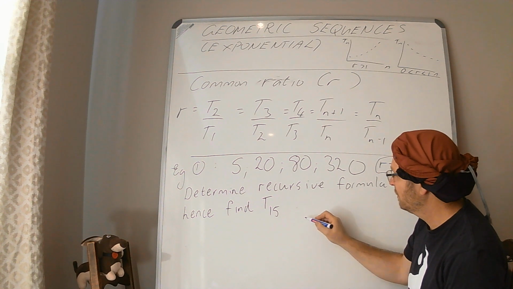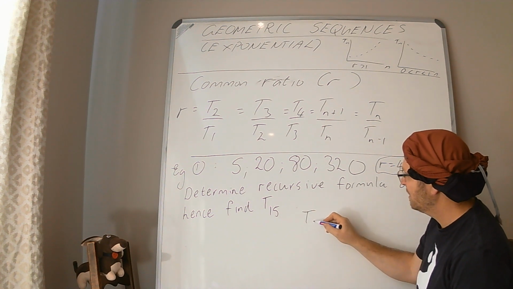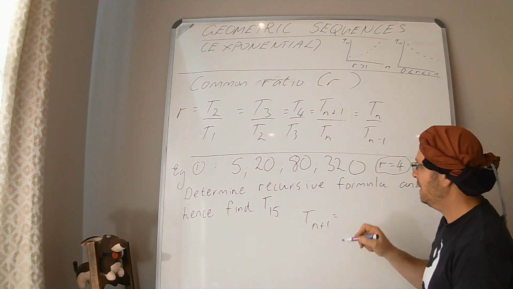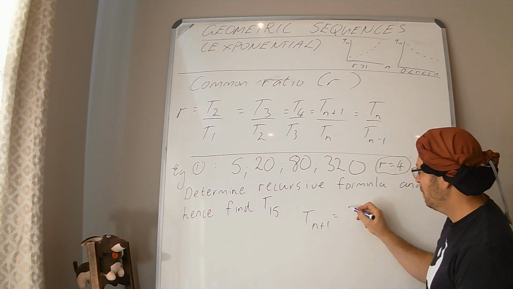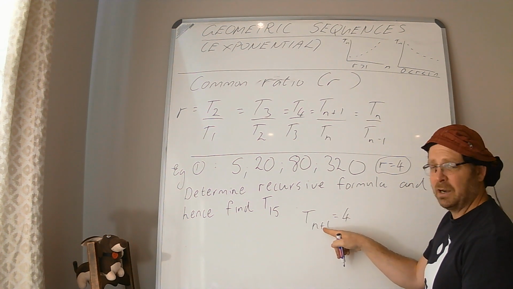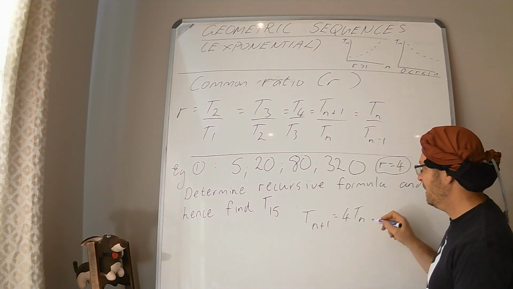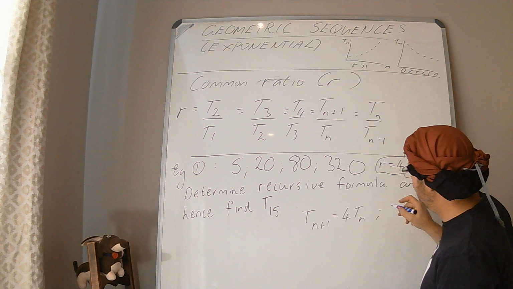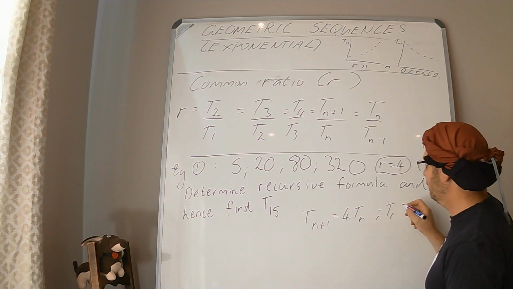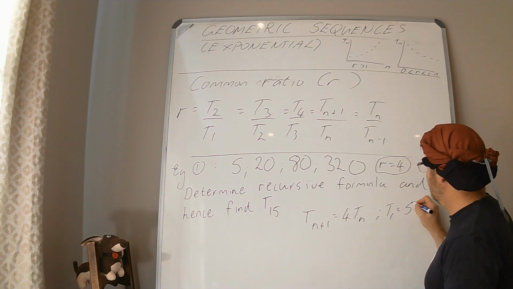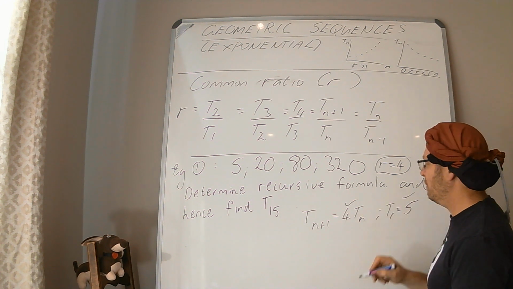So in other words, to get from one term to the next, term n plus 1 would be equal to 4 times the term before. And if we're talking about term n plus 1, the term before would be Tn. And then you've got to write the value of the first term, and the value of the first term is 5. So you'd have to write both of those things. You get a mark for that and a mark for that.